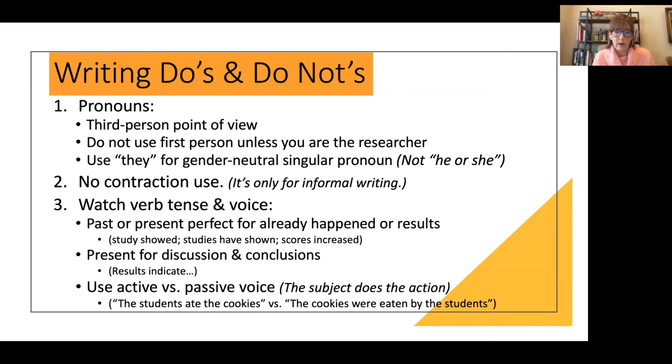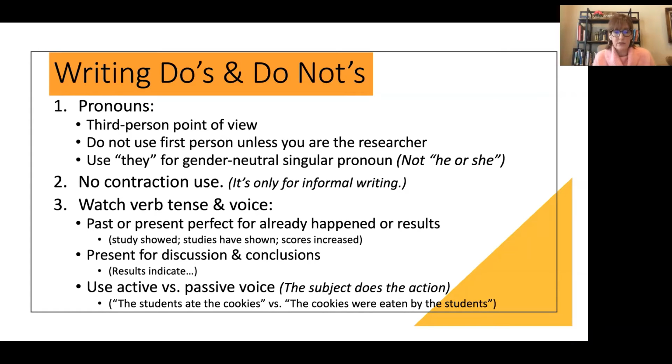And then here's a big one: use active, not passive voice. For people in English composition, you probably know a lot about this. Active versus passive means that the subject is the one that does the action. And this is where people can get into that kind of circular, rambling writing style.